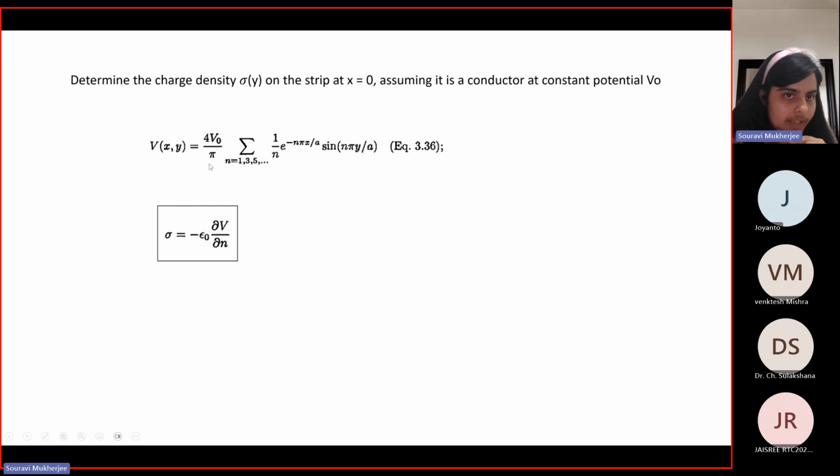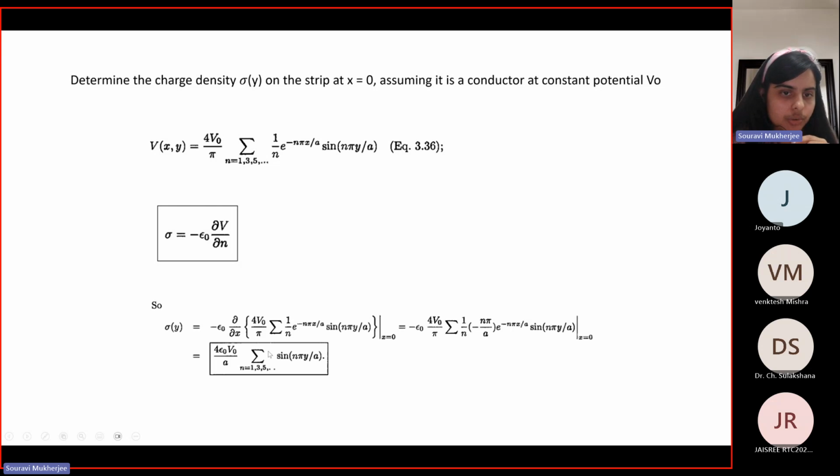If you have the expression for the potential, you can take a derivative with respect to x, because the strip lies at x equal to 0. Then find the value of the derivative at x equal to 0, and that will give us the electric field. Then with the epsilon naught, that finally gives us the charge density, right?